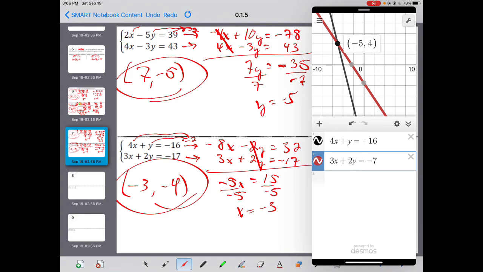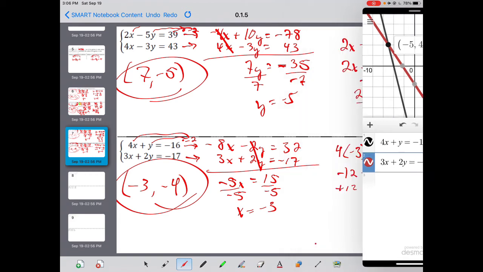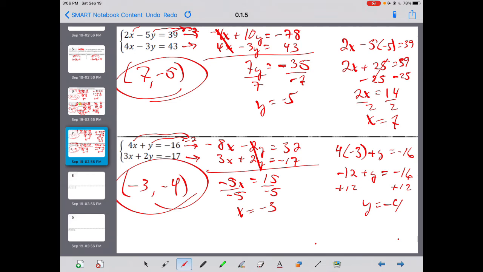Where do they touch? Ooh, they got negative 5 for. Did I math wrong? Very interesting. Negative 3. Oh. Interesting. Very interesting.